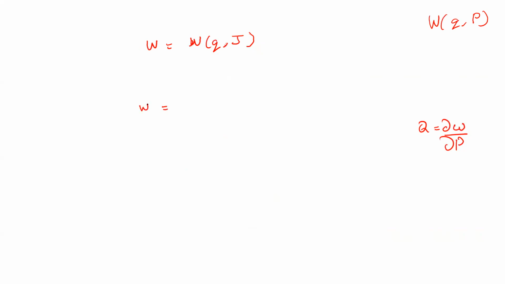Here we're going to introduce this variable w corresponding to Q, and that would now be dW by dJ. You can see why from this equation itself: here you have Q, here you have w, here you have P, here you have J. This w is going to be called the angle variable.